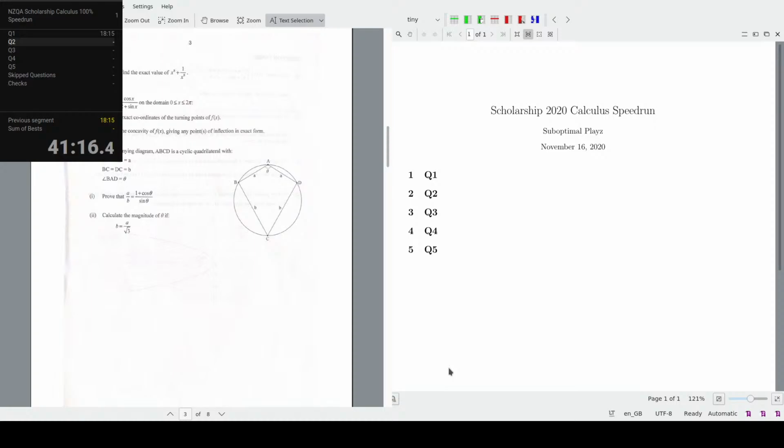By Thales' theorem, or by the semicircle arc theorem, I think that's what NZQA calls it. I can't remember, but it's the same thing. We get angle ABC is equal to angle ADC is equal to 90 degrees.